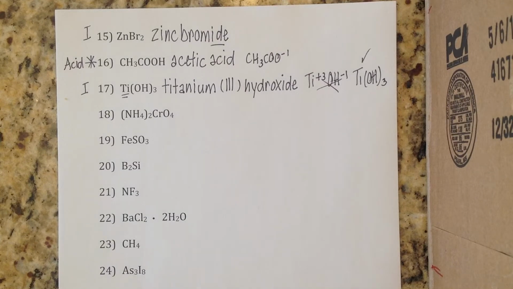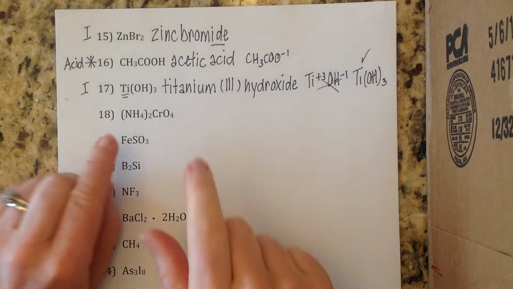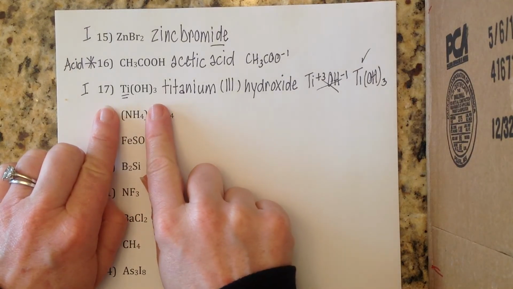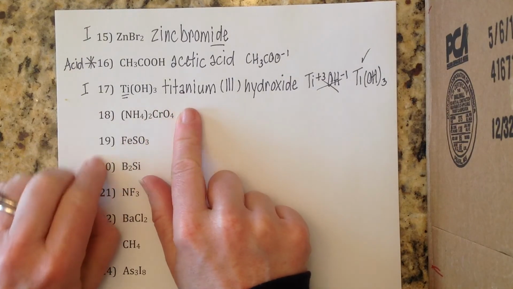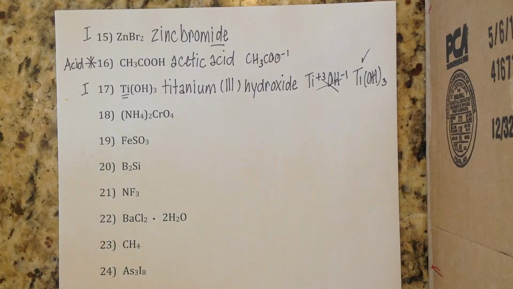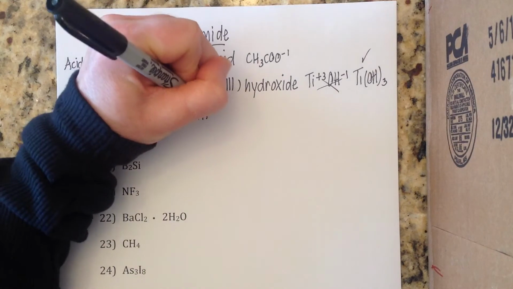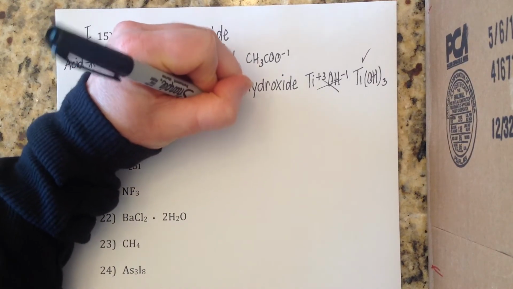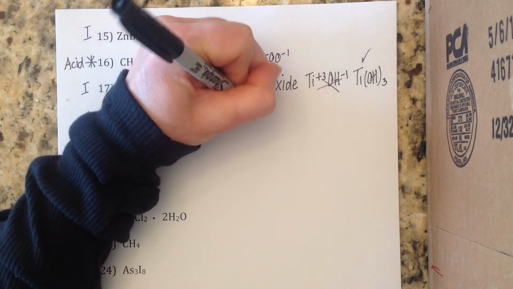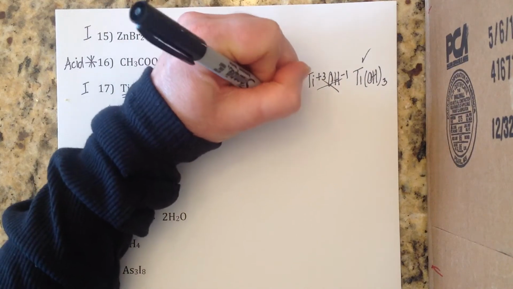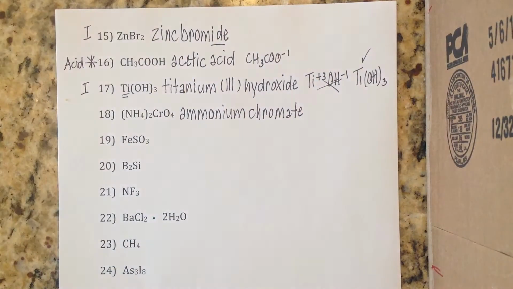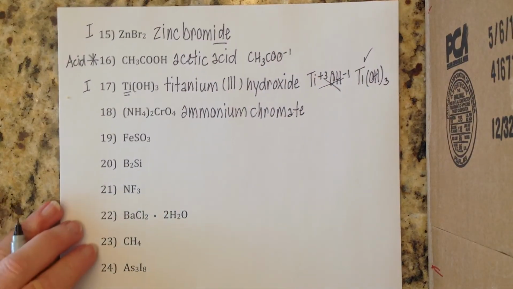I mean, I have seen some very creative ways of naming that when a student doesn't know polyatomic ions because there's a lot going on. However, if you know them, hopefully you quickly say that's ammonium and that's chromate, ammonium chromate, that's it. Again, know those polyatomic ions.